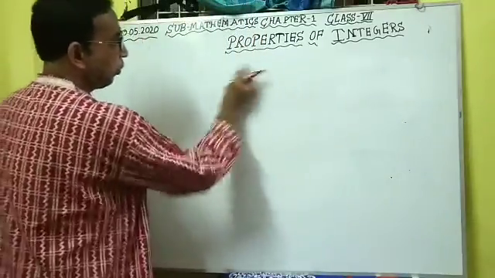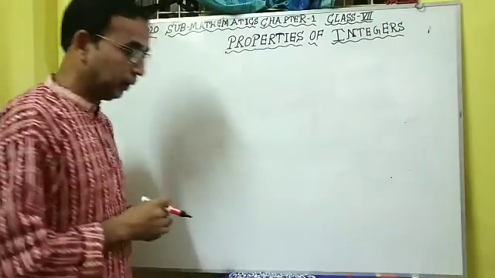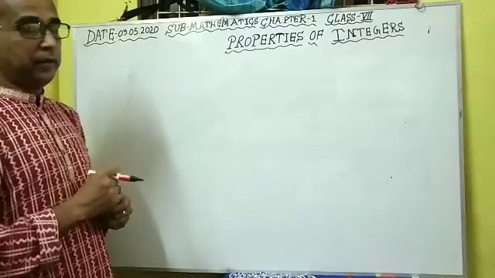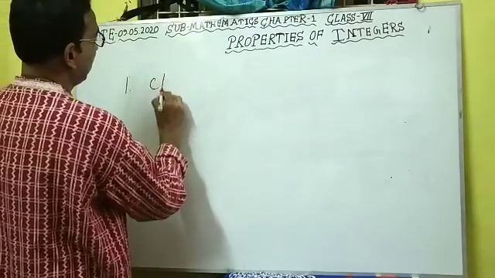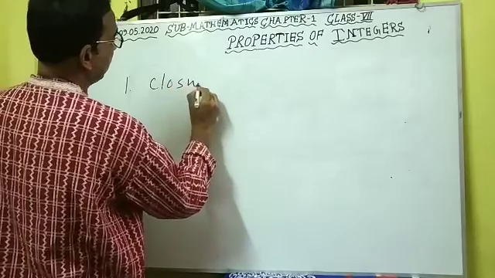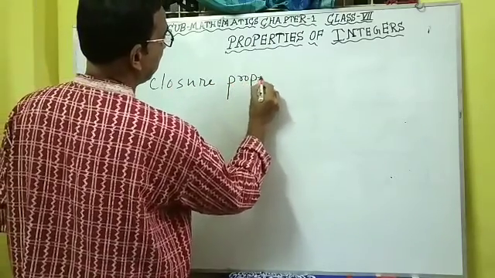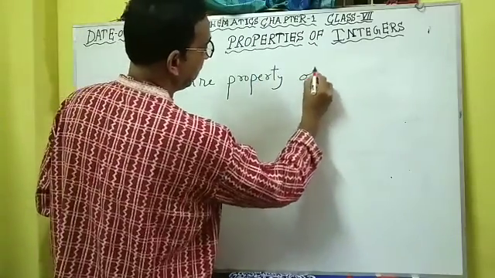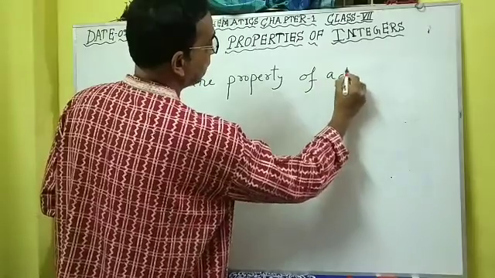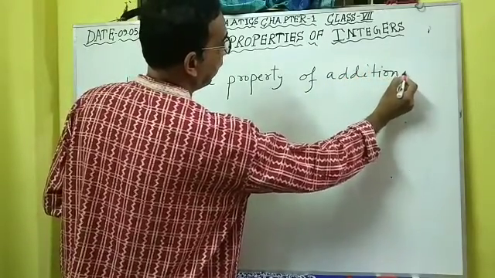The various properties of integers are, first one is closure property of addition of integers.